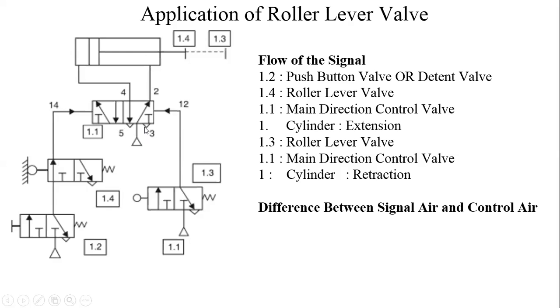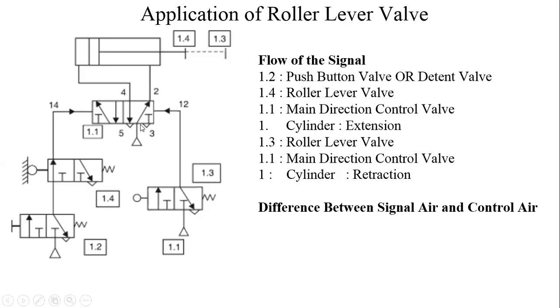And as usual, the ports also should be given proper names. So this is port number 1 coming from the compressor, this is 2, this is 3 which is going to exhaust, this is 4 which is coming from the cylinder side, any of the cylinder sides, blank side or rod side, and 5 is again exhaust.